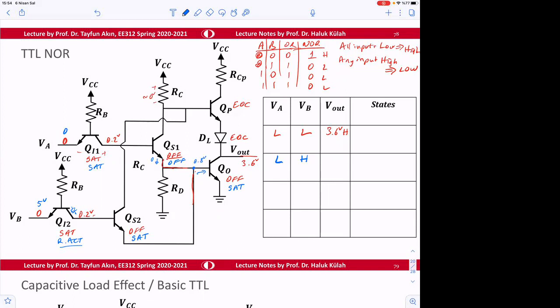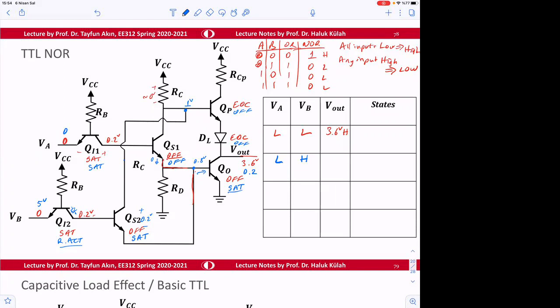Due to this sat, this will be 0.2 volt. Due to that voltage, this will be 1 volt. Then due to that, this will be off, and this will be off. Therefore, this is sat, and the output will be 0.2.